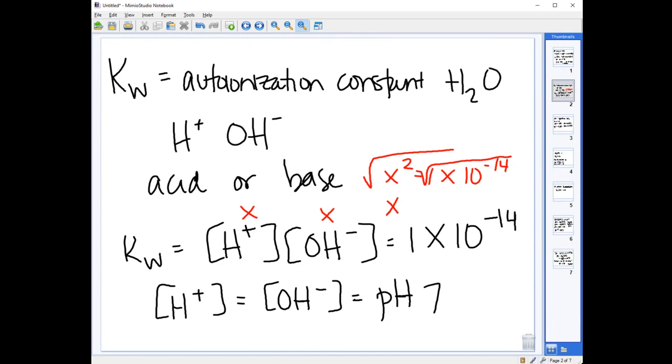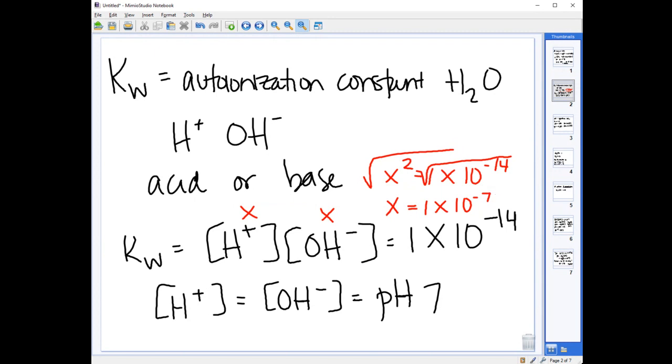If I take the square root of 1 times 10 to the negative 14, then I get 1 times 10 to the negative 7. So my hydrogen ion concentration in a neutral solution is equal to 1 times 10 to the negative 7. And the pH is 7, because if I take the negative log of that, I get 7.